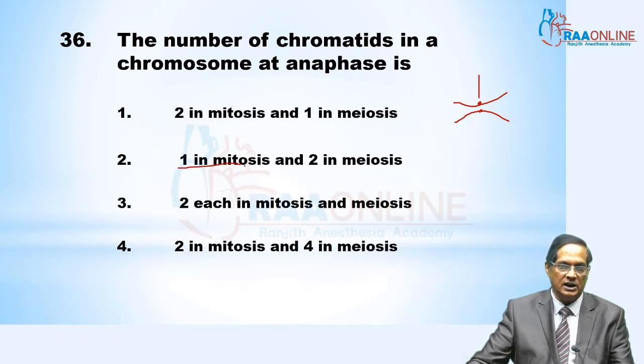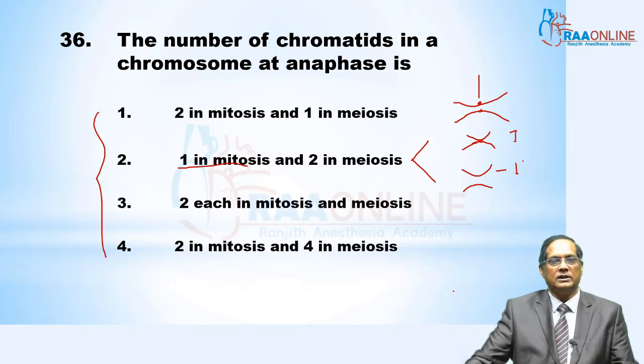That is one in mitosis. For meiosis, at anaphase 1, 2 chromatids are there with each chromosome, whereas at anaphase 2, each one has one chromatid.